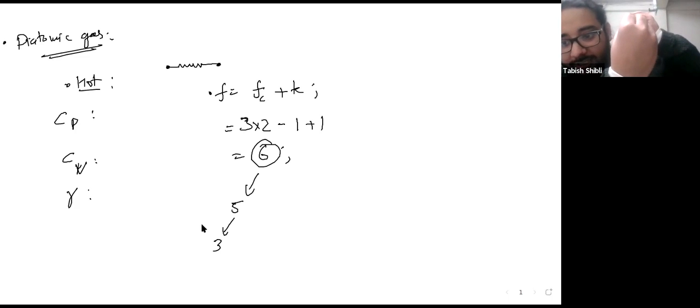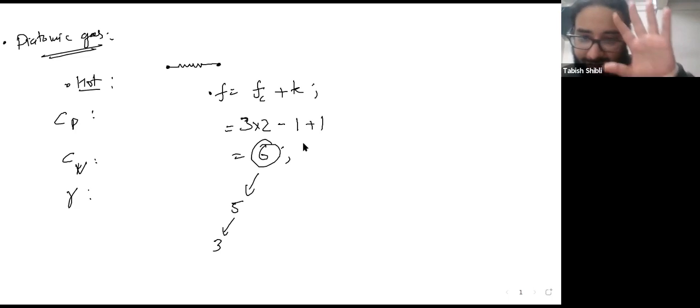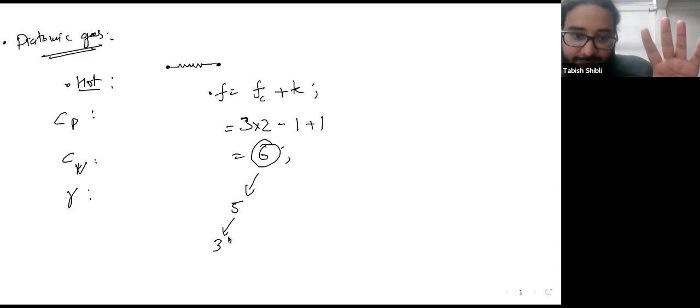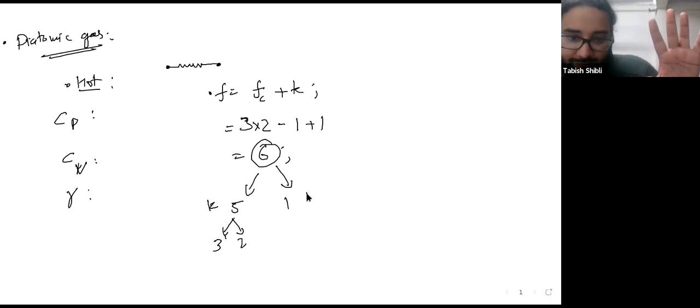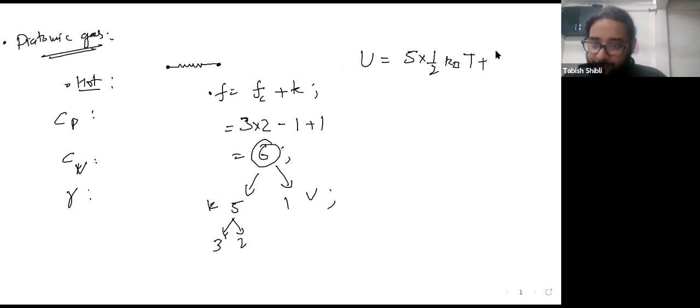Because it's one dimensional, so there is no change when you rotate around this axis. So all of these five are kinetic, and the remaining one is vibration. So what's the total energy? Well, the total energy is number of kinetic, which is 5 multiplied by half kBT, plus number of vibration, which is kBT.